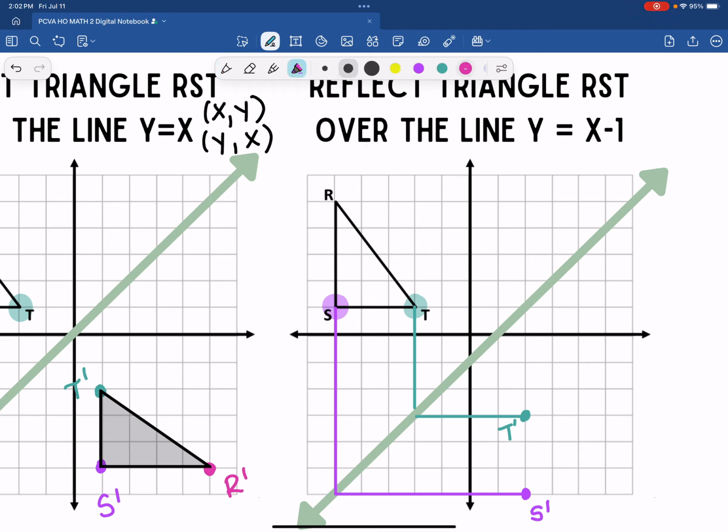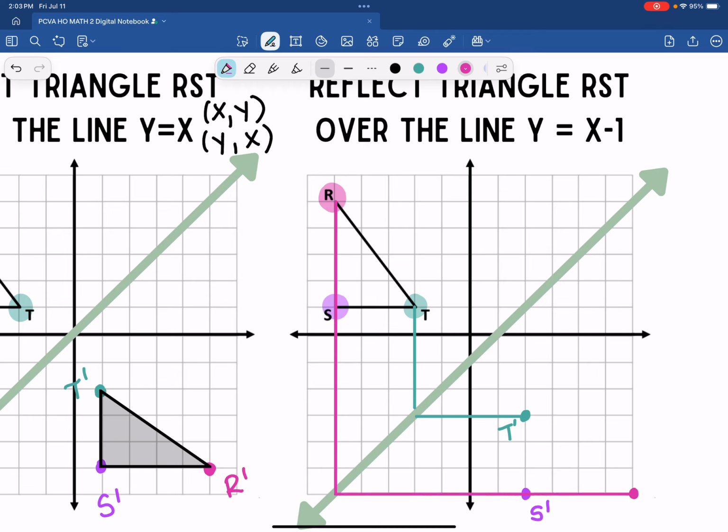And then our last one is R. For R, if I do this again and I go vertically, that would be 1, 2, 3, 4, 5, 6, 7, 8, 9, 10, 11. So we're going to do the exact same thing horizontally now, 1, 2, 3, 4, 5, 6, 7, 8, 9, 10, 11.